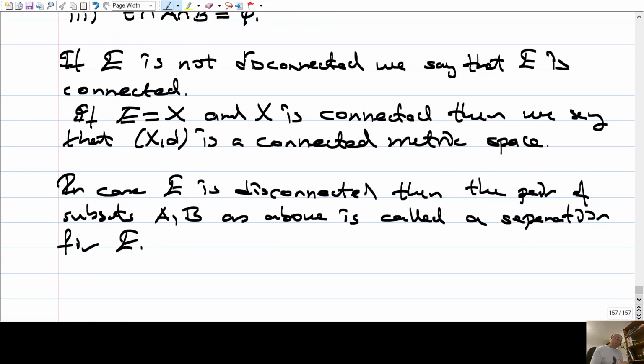The key point is that A and B should be open sets. Otherwise, of course, you can write any subset as the disjoint union of two subsets. But here the point is that these subsets should be open.